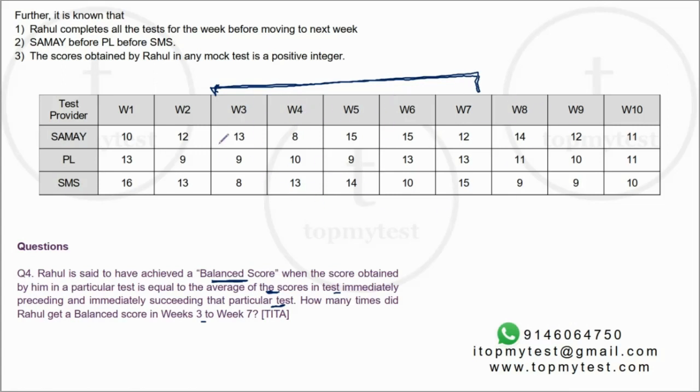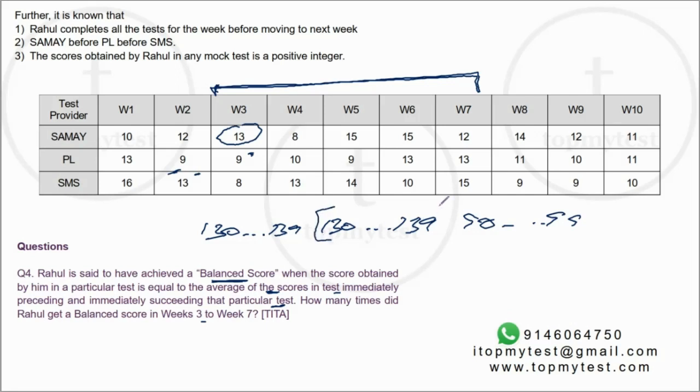So you figure out whether he could have achieved a balanced score. For example, this 13, can it be the average of these two tests? Can it be an average of the test before it and the test after it? You scored between 130 to 139. Can this be an average of 130 to 139 and 90 to 99?